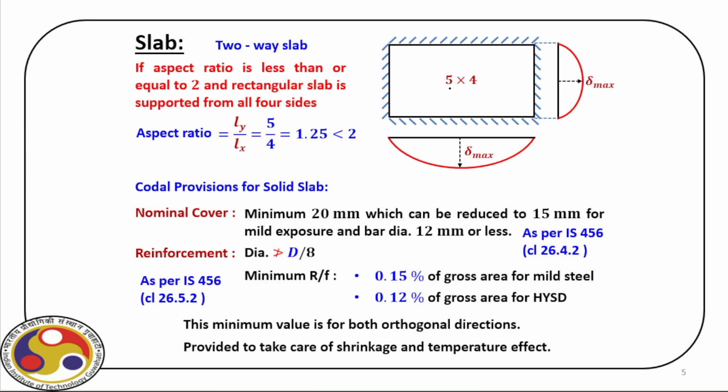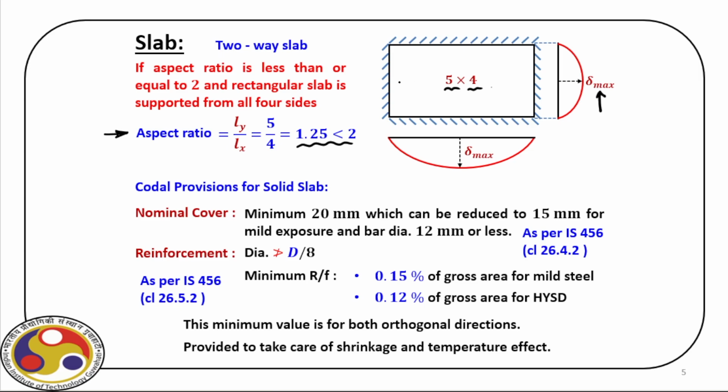So, here we have a 5 meter by 4 meter slab. Now, for this, what is the aspect ratio? It is 5 by 4, which is 1.25, and it is less than 2. Now, for this case, if we draw the deformed shape, we get this type of behavior. So along the shorter direction, we have delta max at the middle.